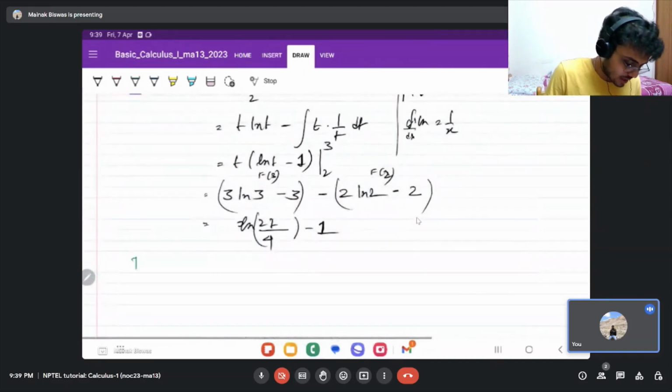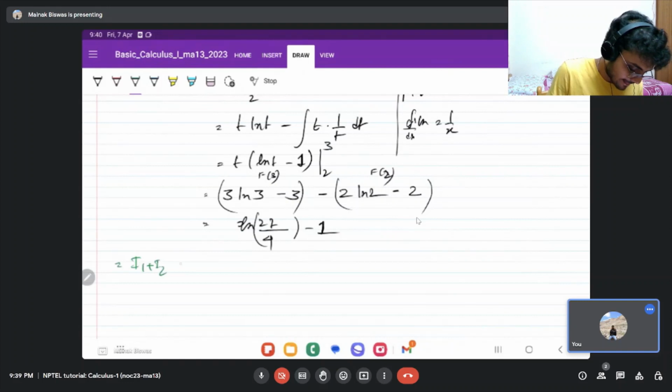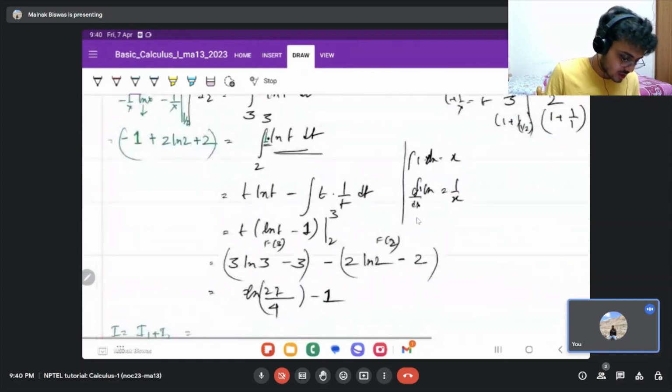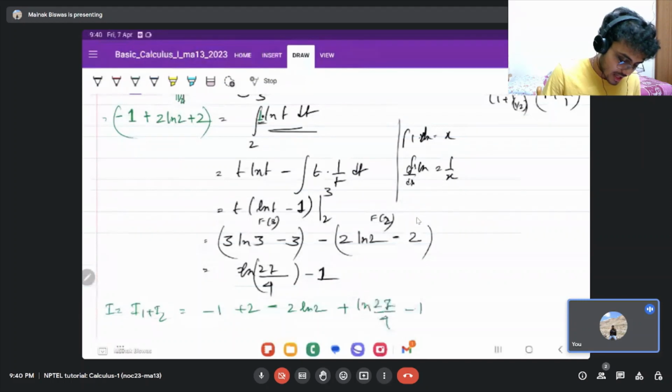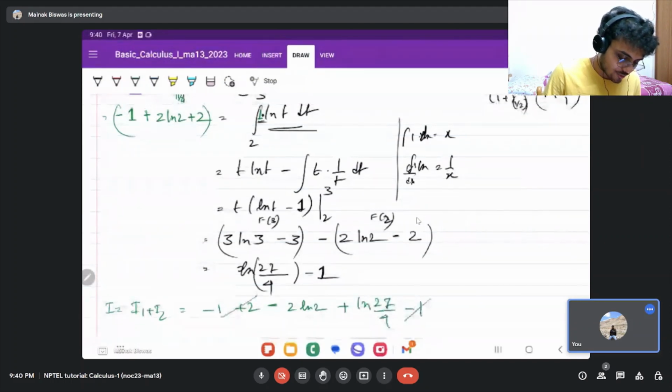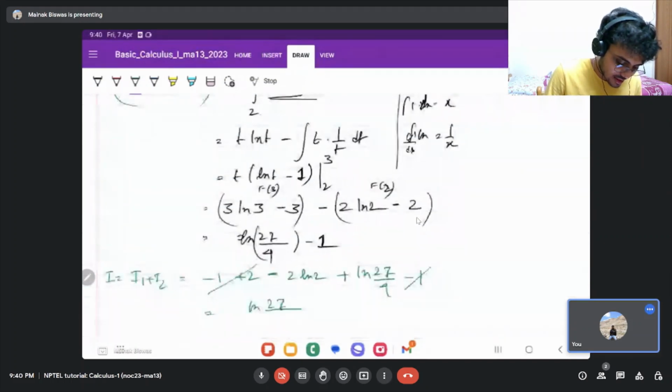So you add 1 and 2 to get I, which turns out to be minus 1 plus 2 log 2 plus, rather this is minus log 27 by 4 minus 1. So this cancels, and you are left with log of 27 by 4. This is also 4 into 4. This is log 27 by 16.